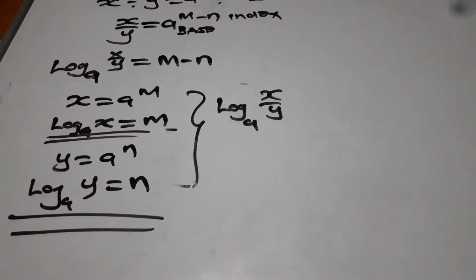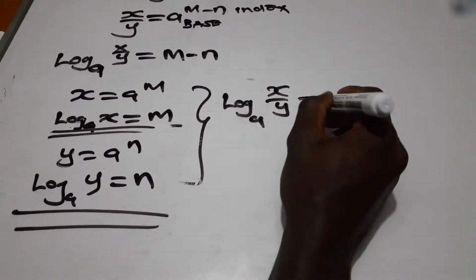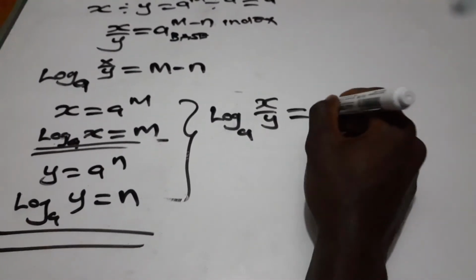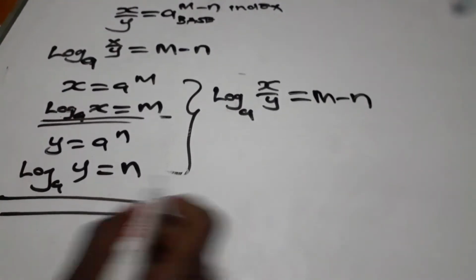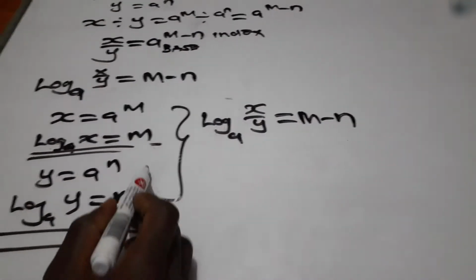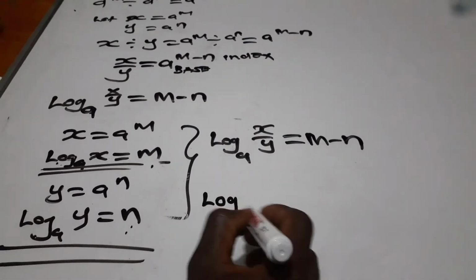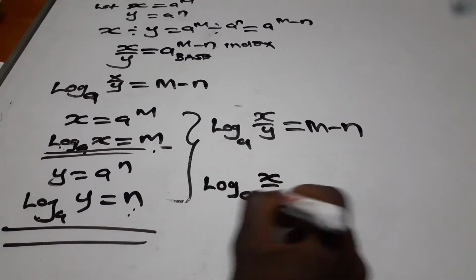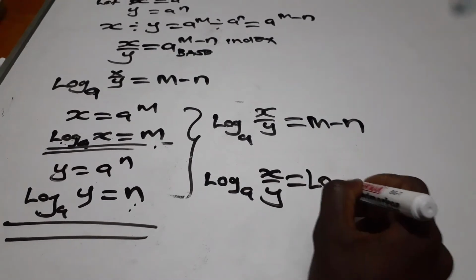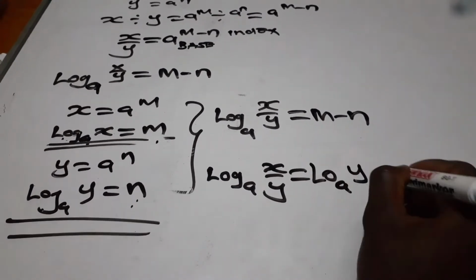So this means log to base a of x over y is equal to m minus n. But we've said here m is equivalent to this and n is equivalent to this.